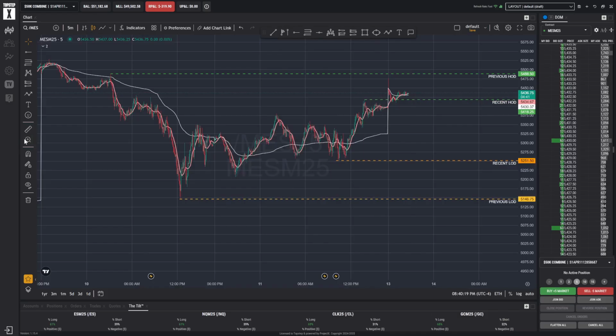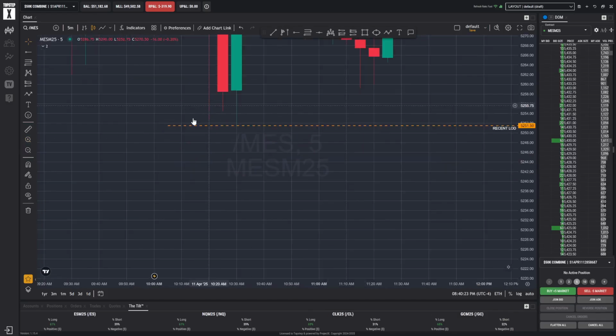Okay, let's just use a magnifying tool here, and it is this one right here. Okay, boom. There you go. This zone right there. Boom. We lock that in.